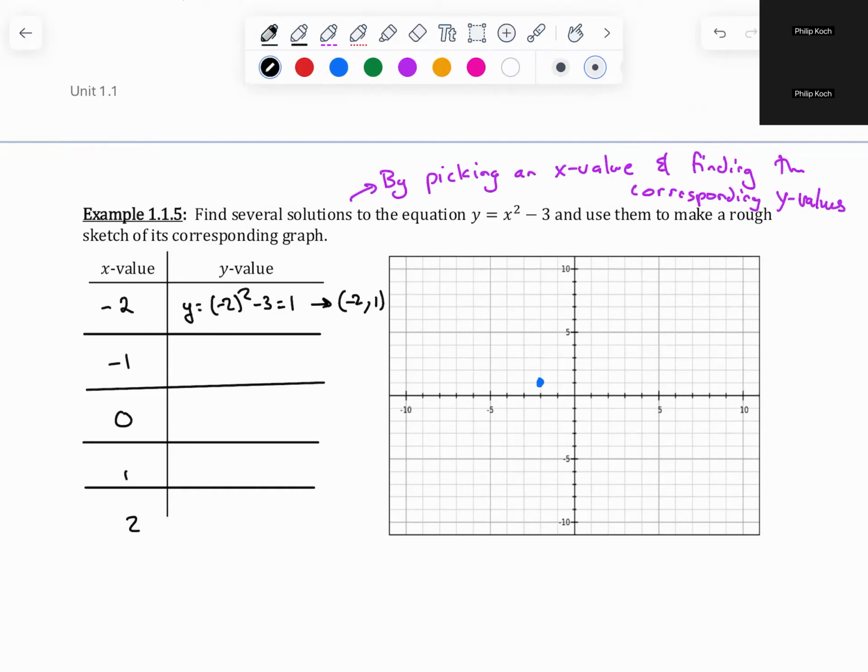Plug in -1, you get y equals -1 squared minus 3. That's -2. So we have the point -1, -2. And we'll plot that point. An x coordinate of -1 and a y coordinate of -2, plot right there. Then we'll do 0. You get -3.